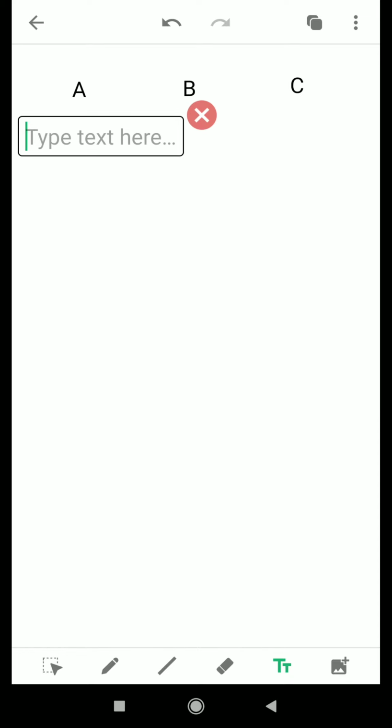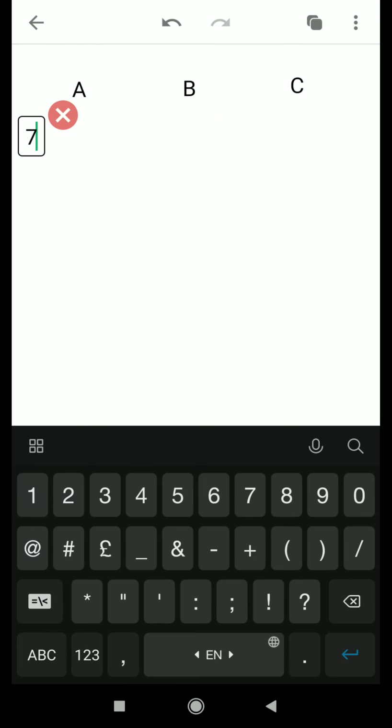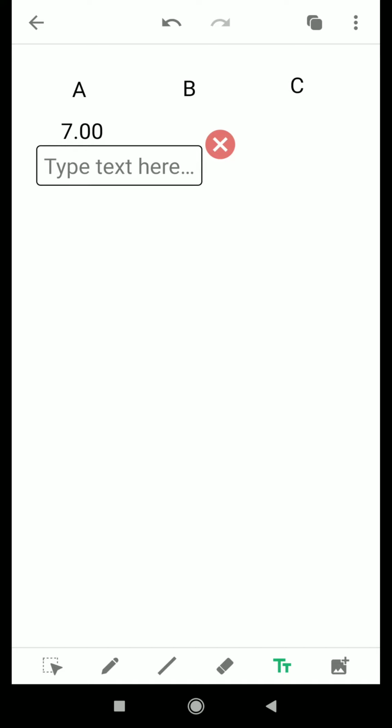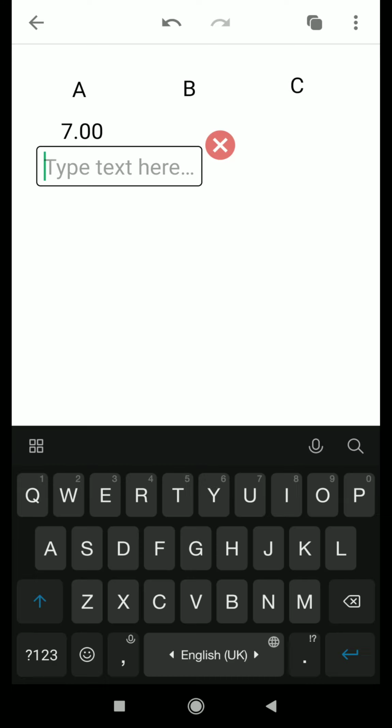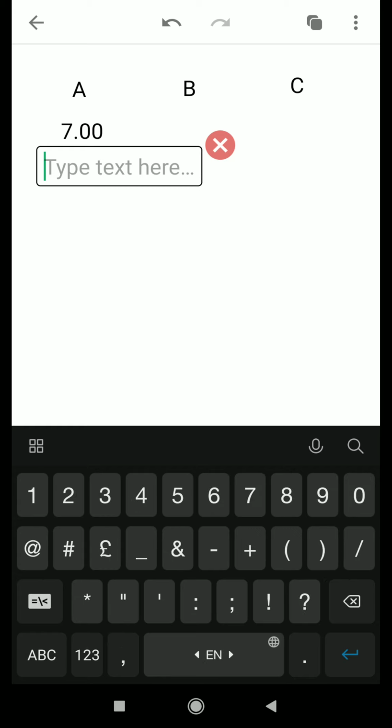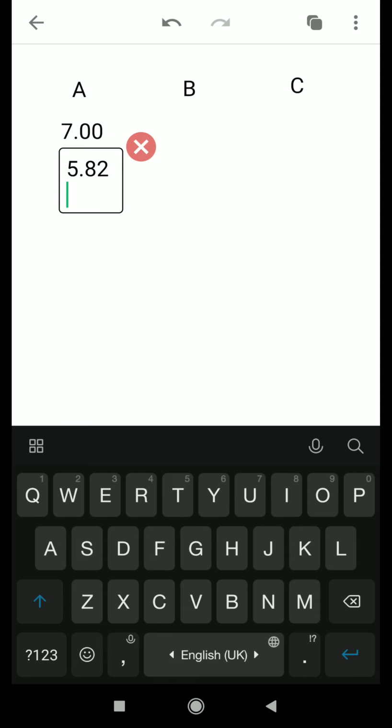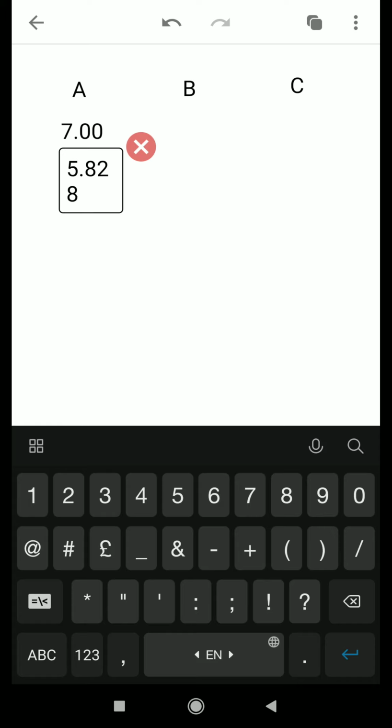First time A got the result 7.00. Then the second time he got the result of the same experiment 5.82, and the third time he got 8.10.